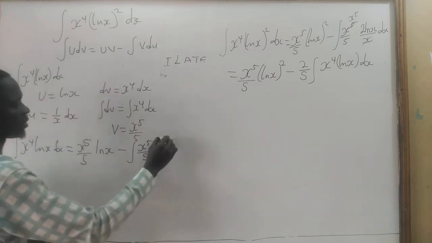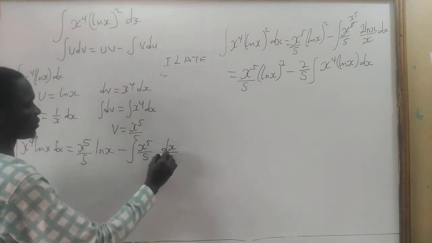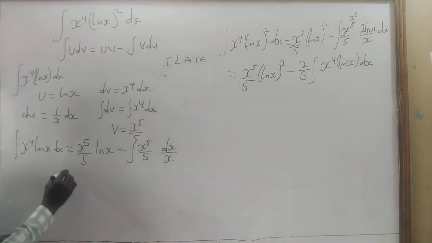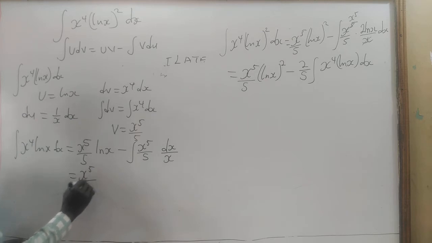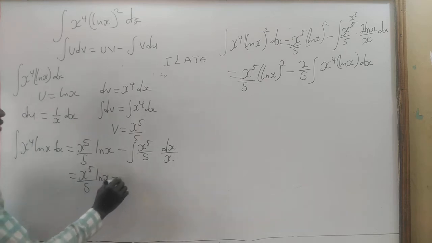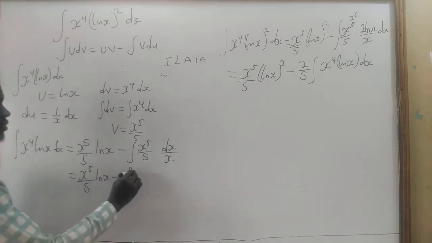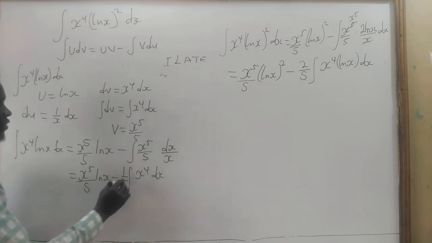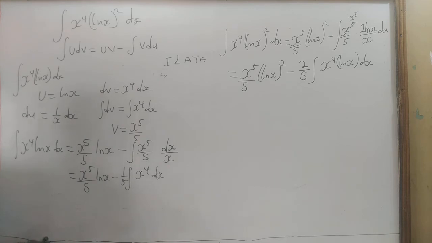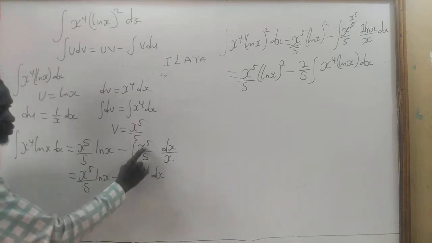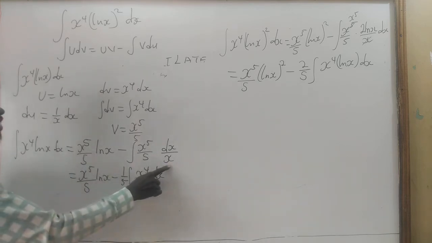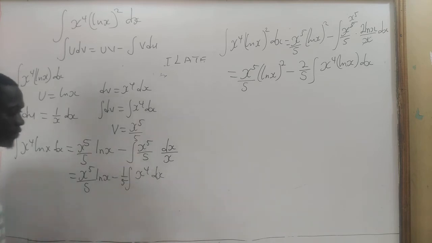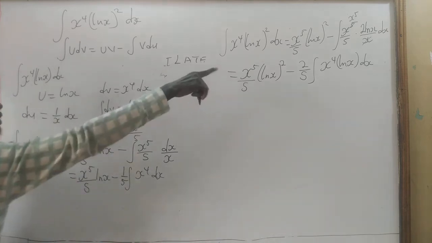Our du is dx divided by x. So this will give us x to the power 5 divided by 5 times natural log of x minus the integral of x to the power 4 dx times 1 over 5. We can factorize 1 over 5 out. x will cancel x to the power 5, and you have x to the power 4. So we still have this to integrate. So let's integrate this before we go and substitute it here.